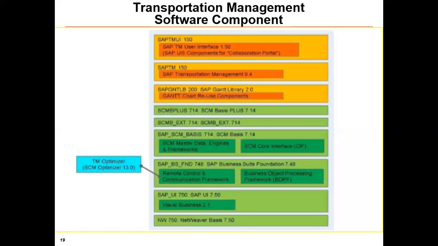But at the top we have this TM optimizer. TM optimizer is integrated with the SAP Business Suite Foundation 7.48. It has the function of VSR automatic determination and optimization of the vehicle scheduling and route.